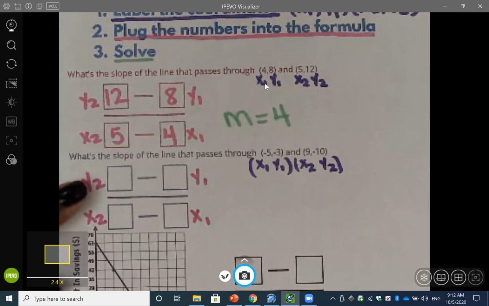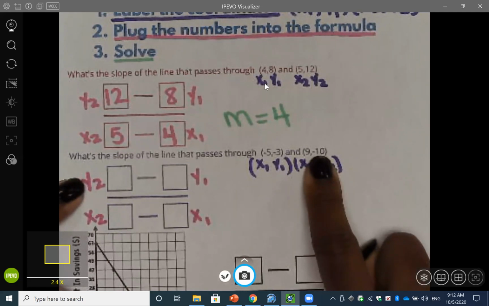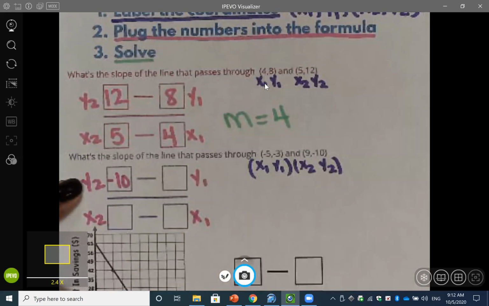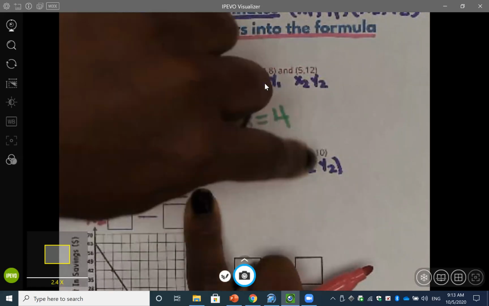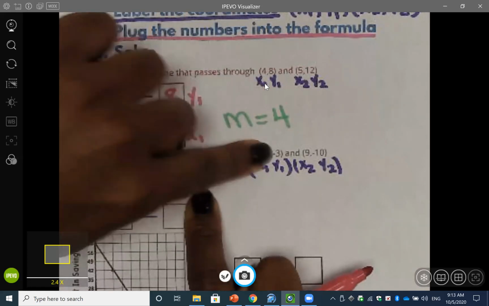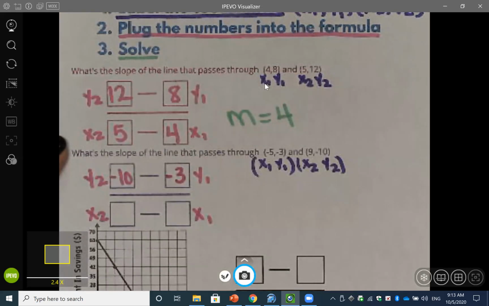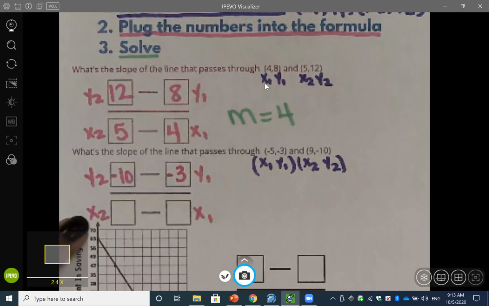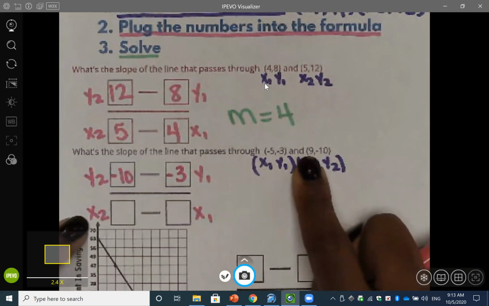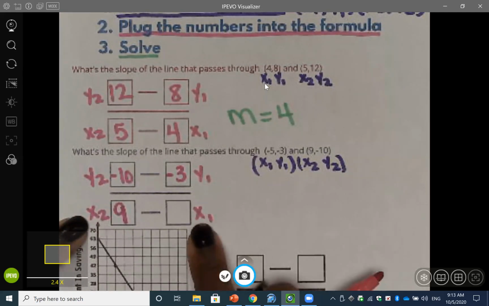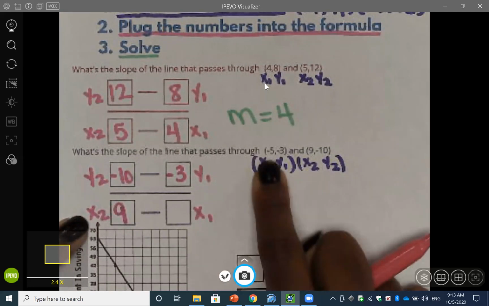So now I'm going to plug in y2. y2 is -10, so make sure you write -10. y1 is -3. x2 is 9. x1 is -5.